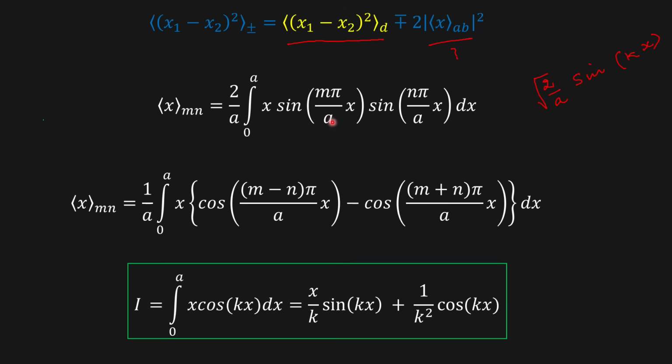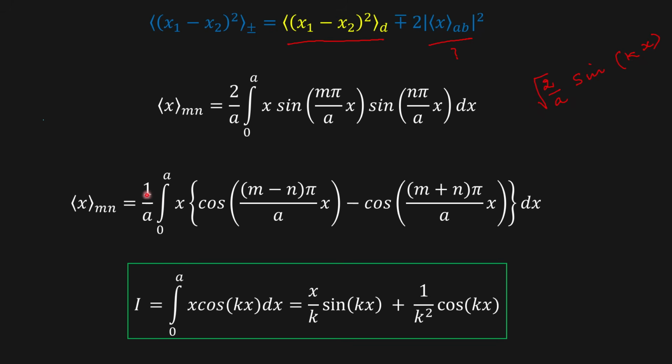When you take the product, by definition the expectation value of x is the integral of 2 over a, x sine(m pi x over a) sine(n pi x over a) dx. This can be written with 1 over 2, and this 2 will get cancelled with that 2.